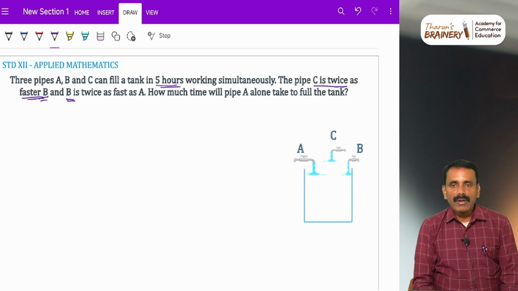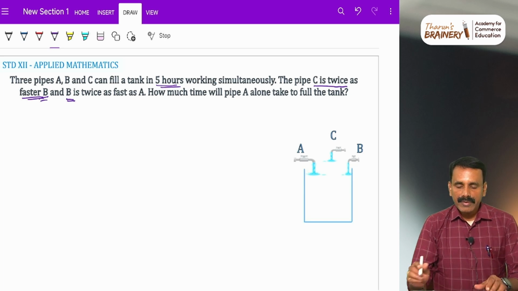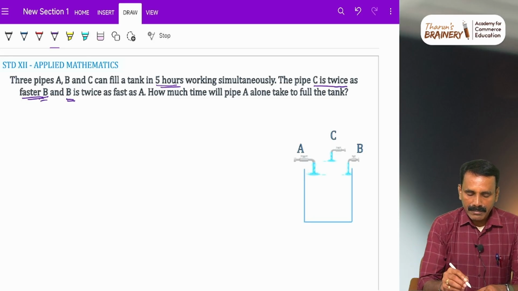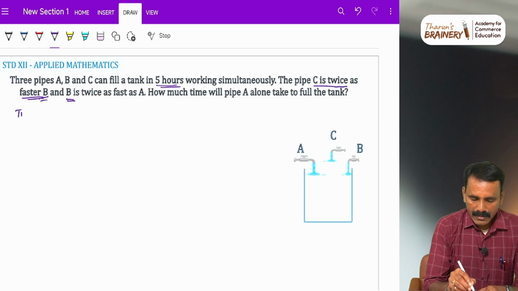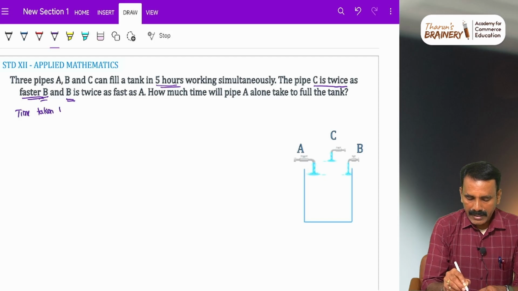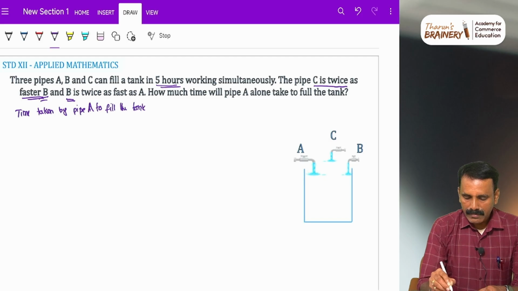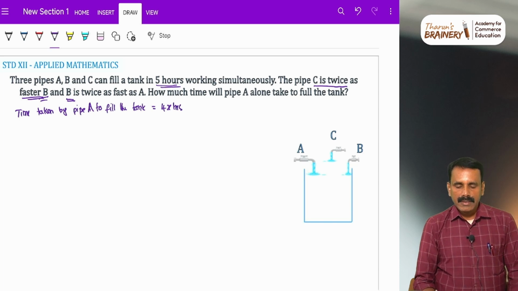Okay. For our calculation to be simpler, we take the time taken by pipe A to fill the tank to be equal to 4x hours, okay, 4 times x.